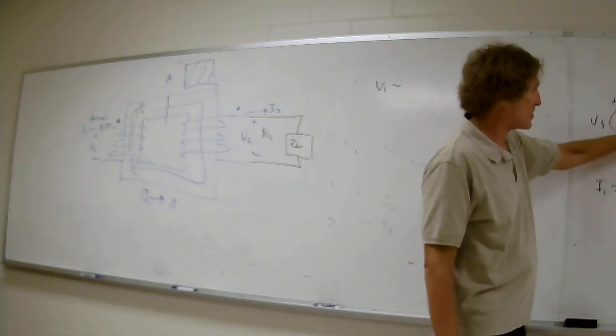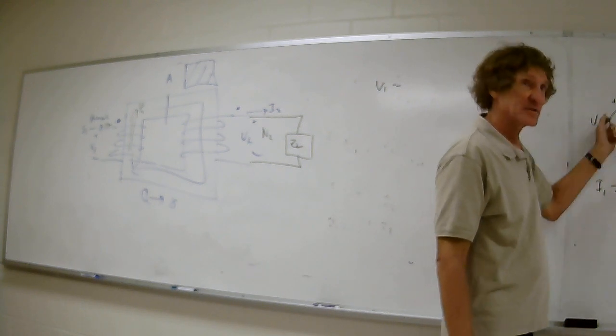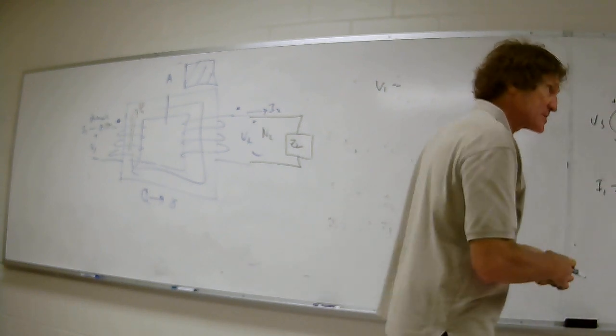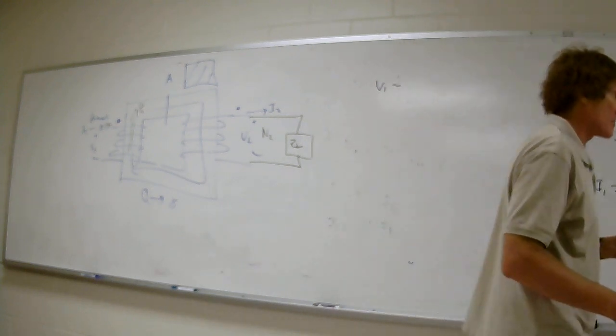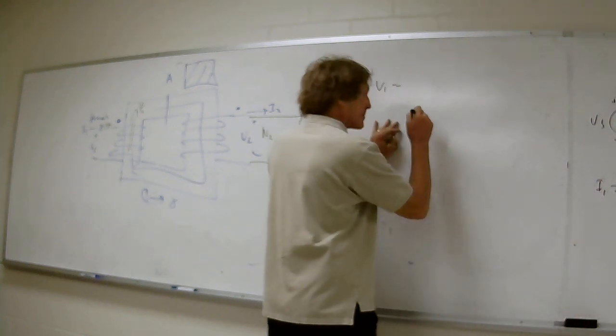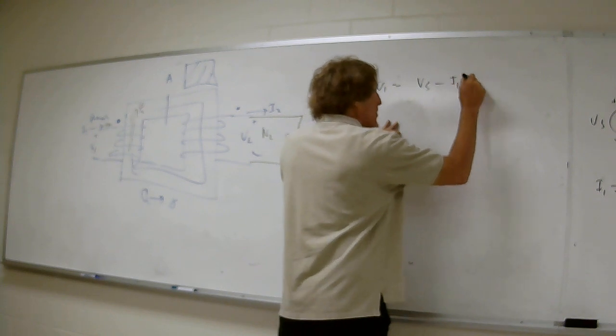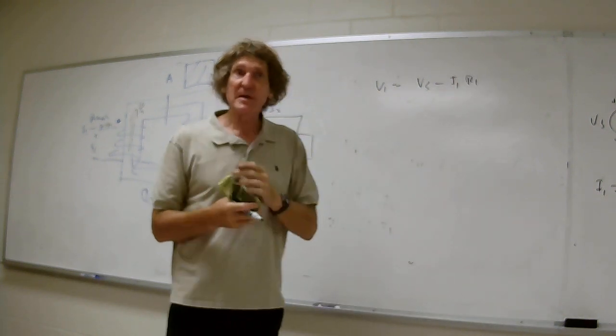Or you could take that current times this reflected impedance. But since this is strictly real, we got the current, why not just say V primary, which is going to be my V1, is equal to Vs minus I1 times R1, which is 100. Please make sure you see this.